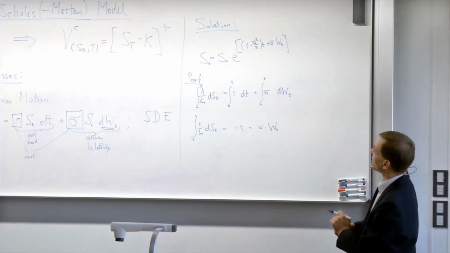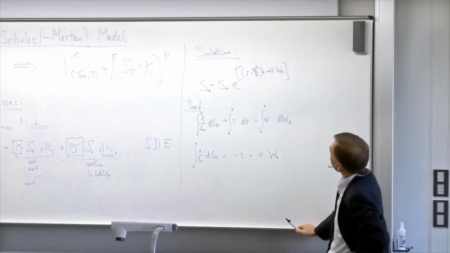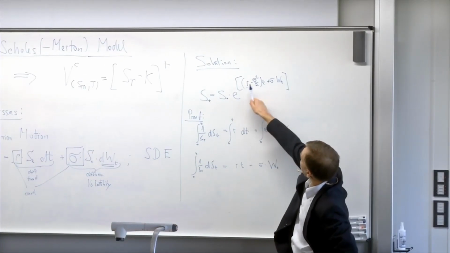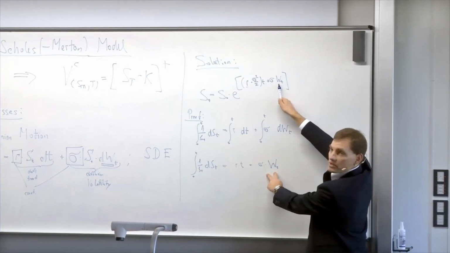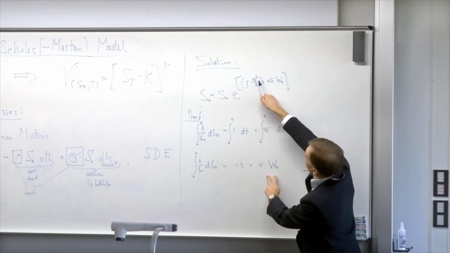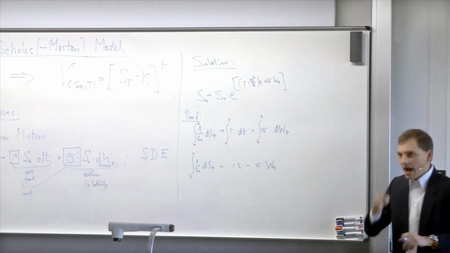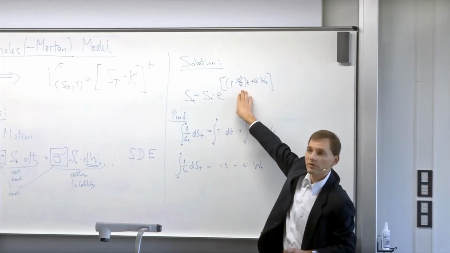That is what we see from the first step. And if you take a look, it turns out that here we have rt, this component, we have sigma W_t, but we also have in the solution this term, which is not in here. And now I will apply Ito's lemma, and you will see that then this term pops up.